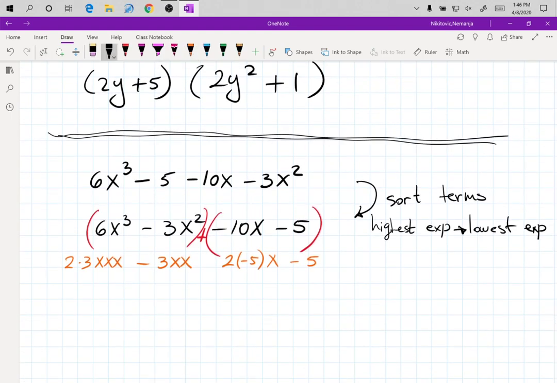So let's factor. What's common? A 3 and 2 of these x's. And the leftovers are 2x minus 1. Minus 1 because everything was factored out. Then you have this red plus from up there.